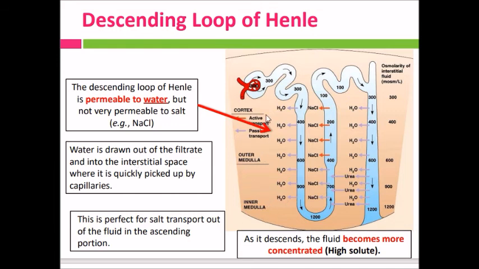The water is drawn out from the filtrate into the interstitial space, where it will be quickly picked up by the peritubular capillaries located around the loop of Henle. So this is perfect for salt transport out of the fluid into the ascending portion. Okay.